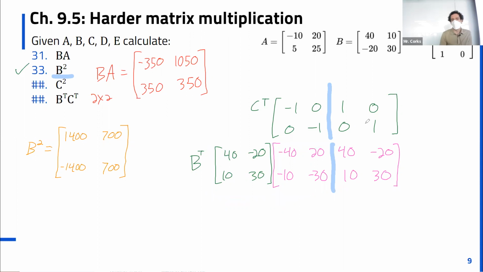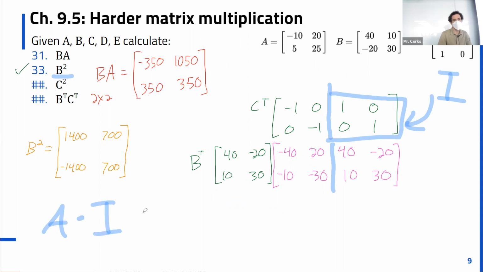Okay, so the second part is a bit easier. What is this? Just that part on the right. This is an identity matrix here. This is an I here. And any matrix times identity matrix equals that same matrix back, so it won't change. So this part on the right here is just our B transpose again.